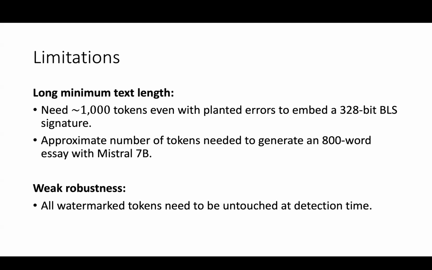And a critical limitation is, as I mentioned before, our robustness is only in the setting where this entire segment is completely untouched. So we repeat this process: we embed a message and a signature, message-signature, for any text. If you write a 1,000-page text, for the watermark to be preserved you have to have these 800 words exactly preserved.